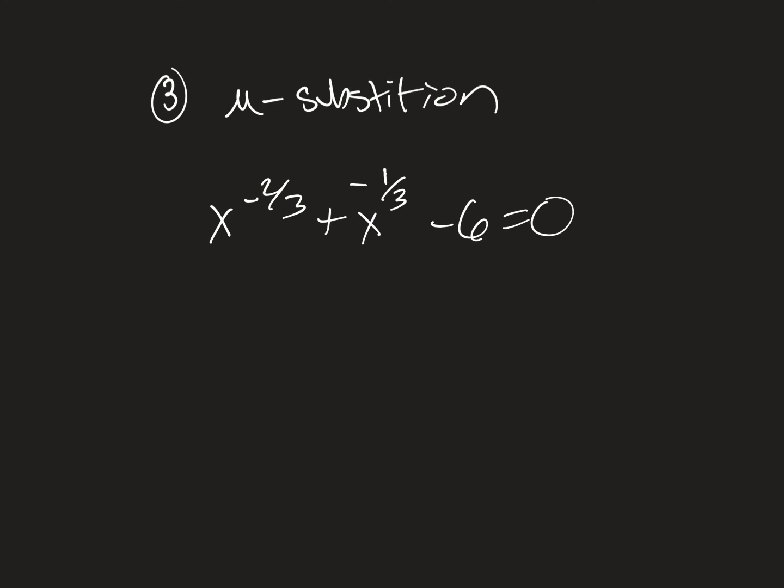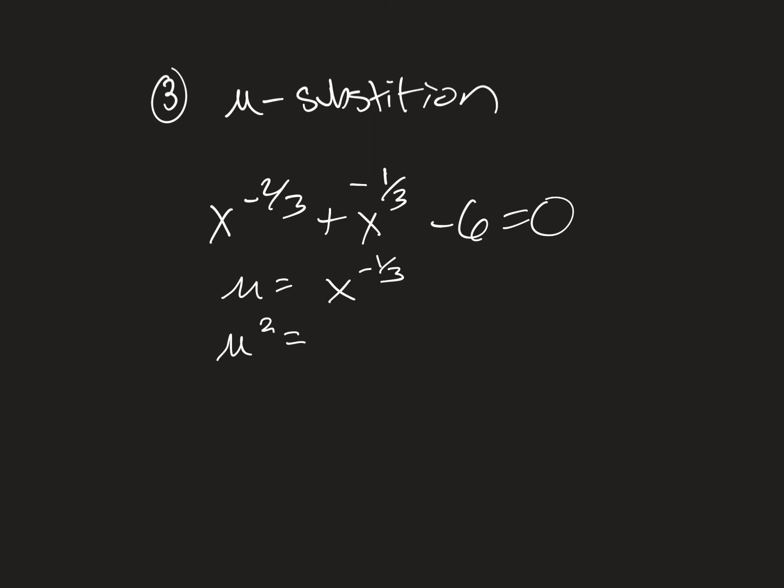And sometimes people are like, well, I don't know which one to be U. Do trial and error. There's only 2 to check. And how you check is, let's make one of them U. So if I make U x to the negative 1/3, it should be the case, if I've done it correctly, that when I square what I made U, I should cover the other variable term.